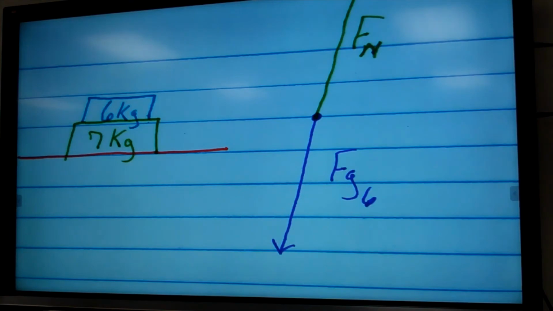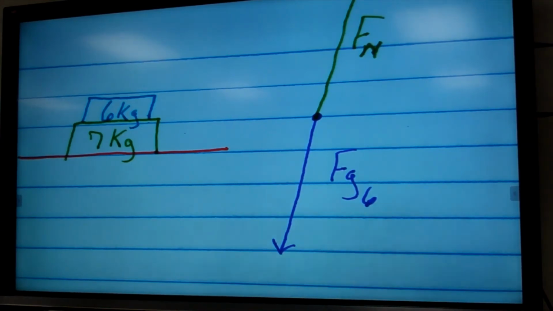That normal force is what is holding it up. The normal force can also be said to be the force that the surface is exerting on the 6 kilogram block to keep it up. And what is the surface that's exerting that force? The 7 kilogram block.